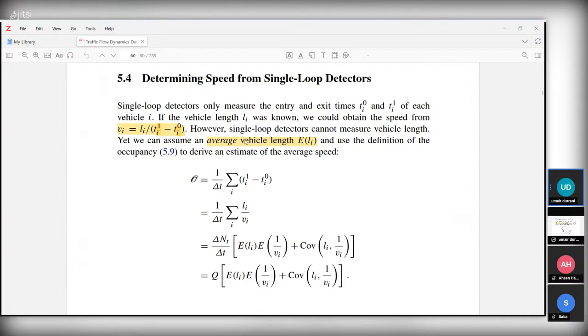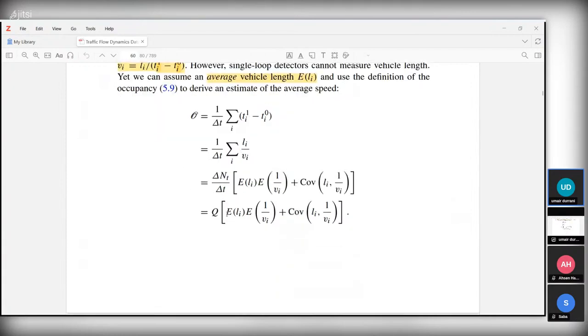But here they say that if we assume an average vehicle length, so from some previous data, or if we just make a reasonable assumption about vehicle length, then we can use the formula of the occupancy to determine the speed.